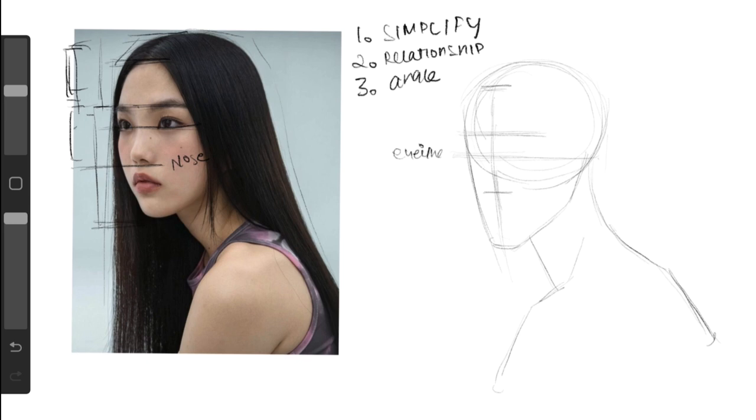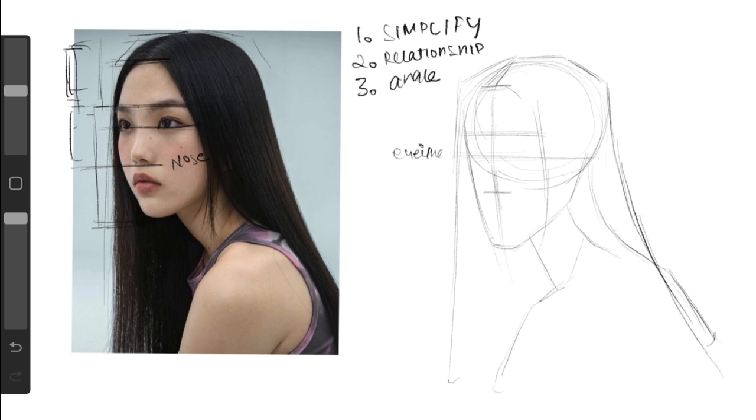Now let me draw here, it's straight over here, and there is some shape over here, the center hairline. I'm just drawing the bigger shape, and due to the hair, there's no need to draw here because it is hidden underneath the hair. That's how I'm drawing.